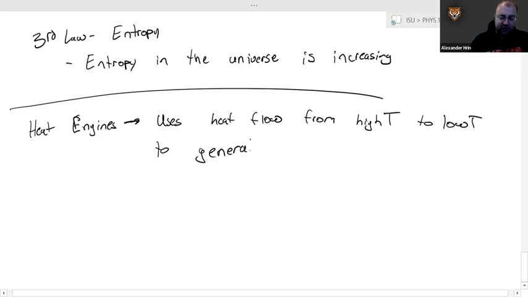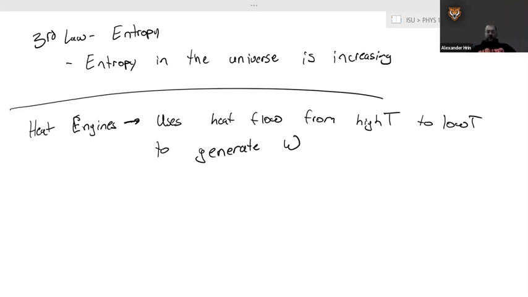So any engine that involves the generation of heat. The motor in an electric car is not an example of a heat engine, but gasoline engines are heat engines. Diesel engines are heat engines. Steam turbines are heat engines. So you're generating a lot of heat, and then you're turning some of that heat into work. That's basically what a heat engine is.